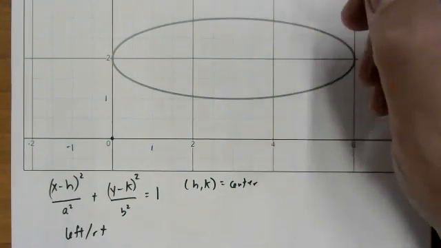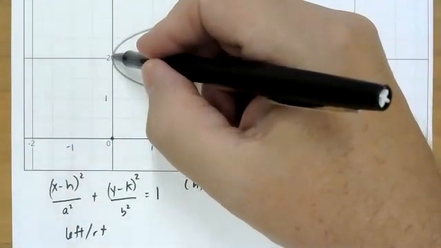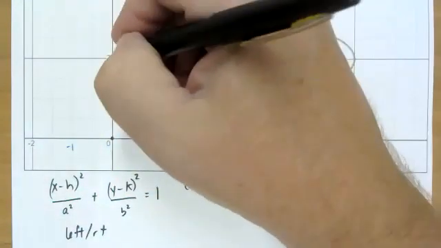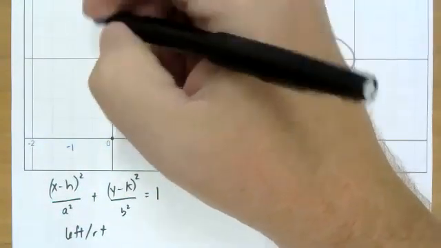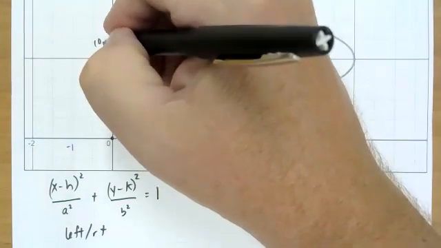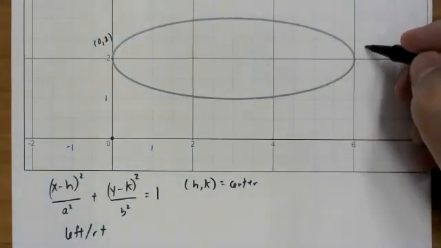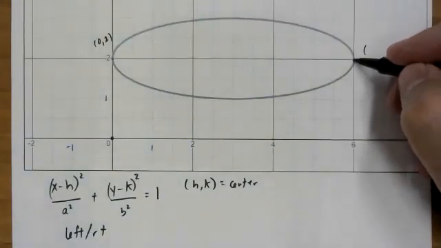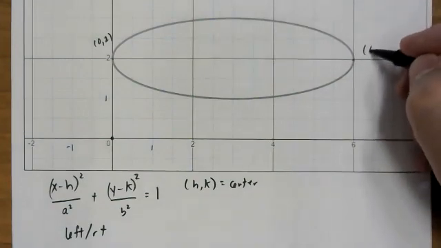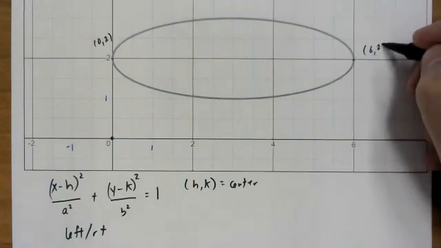So for instance, if I want to find the center, if I look here at the left edge of this ellipse, I'm actually going to write this point down here. This point is (0, 2), and the right edge of the ellipse, this point, one of your major vertices, is (6, 2).